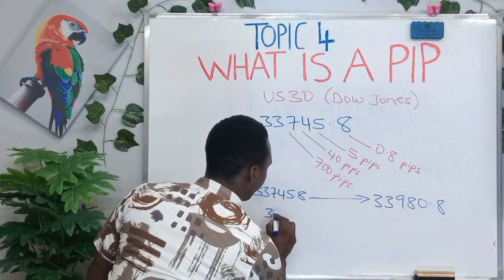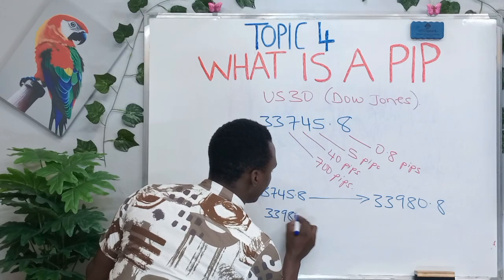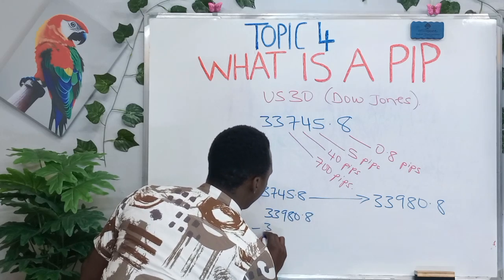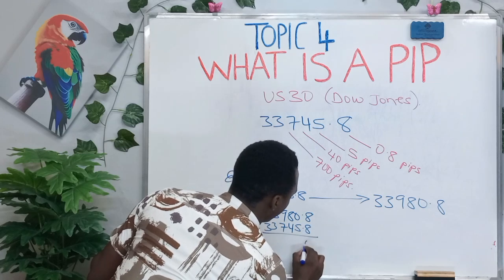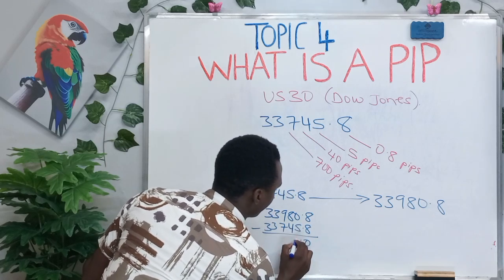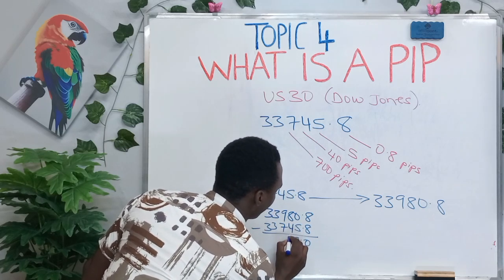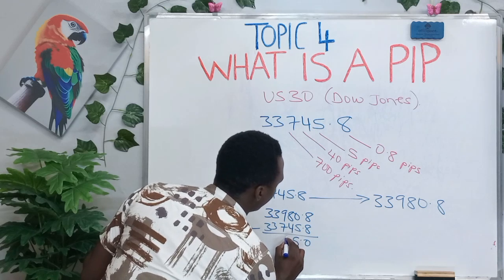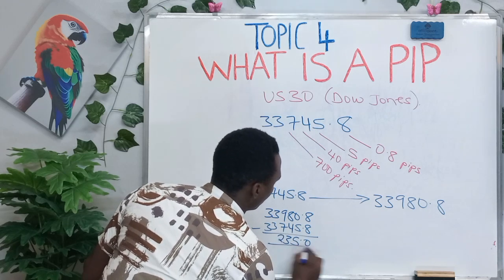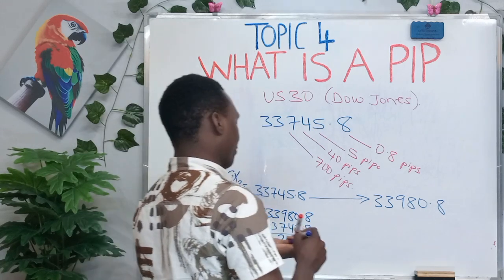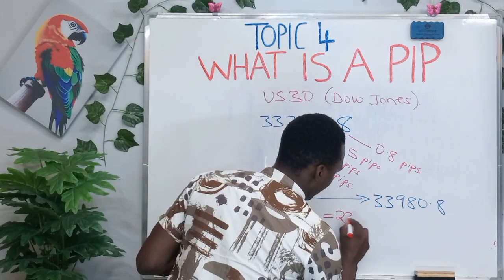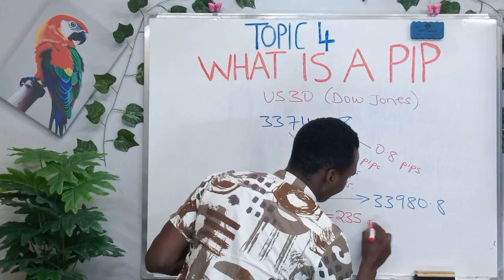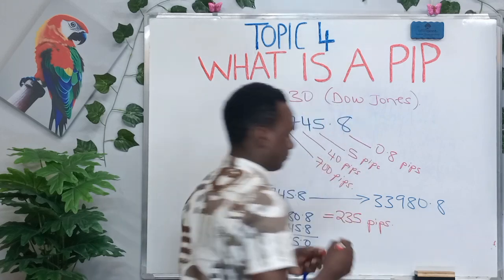Let us make sure. 33,980.8 minus 33,745.8. This is 0. This is 5. This is 7 minus 4, 3. And this is 2. So in this case, we're having 235 pips.